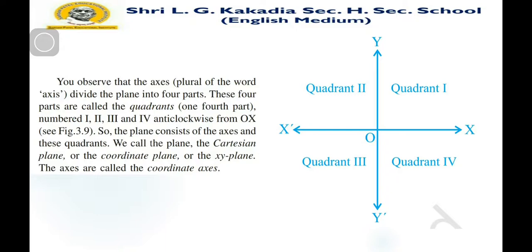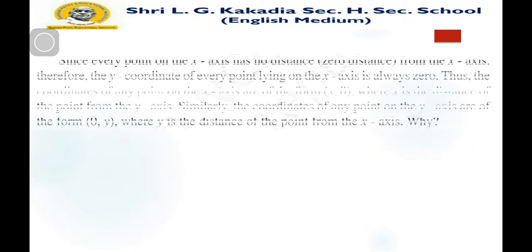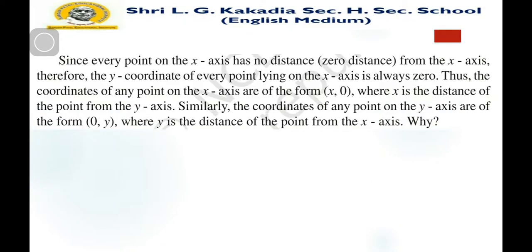Now, we want to look at the points on the x-axis and y-axis. As we know, every point on the x-axis has no distance from the x-axis, therefore the y-coordinate of a point lying on the x-axis is always 0.